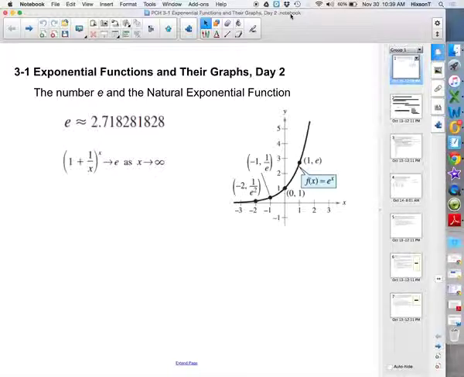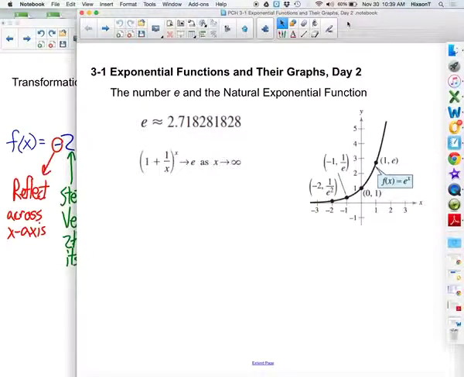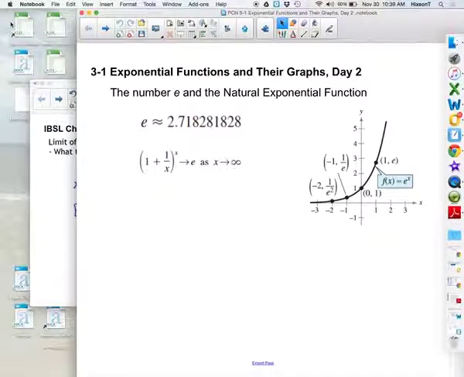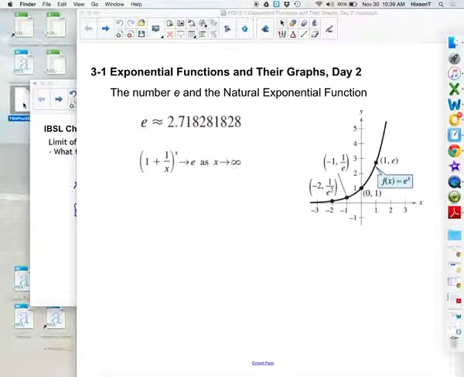Obviously, it's kind of close to 2.718, but it's not all that close. But the greater values you plug in for x, the closer you're going to get to 2.718. I want to illustrate that using our graphing calculator here.